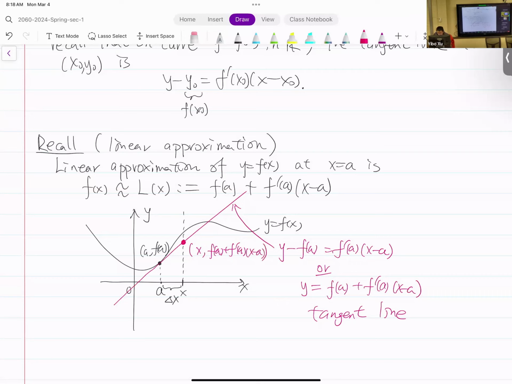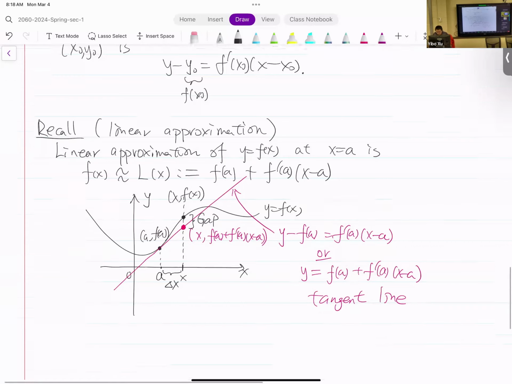So basically, the output is exactly the linear expression that we have for the plane, right? But then the true output is on the curve, which is x, f of x, right? So indeed, there's a gap. Okay, let's still put it in black. So there's a gap of the output value, which is the approximation error.